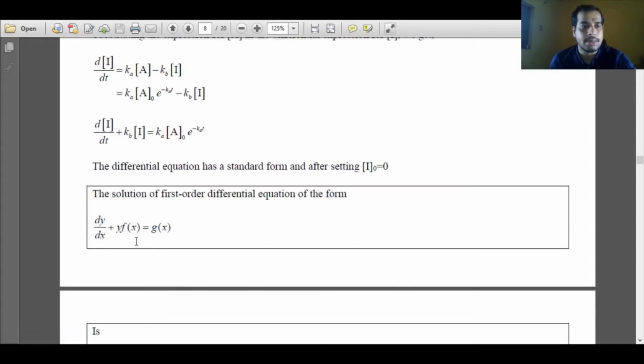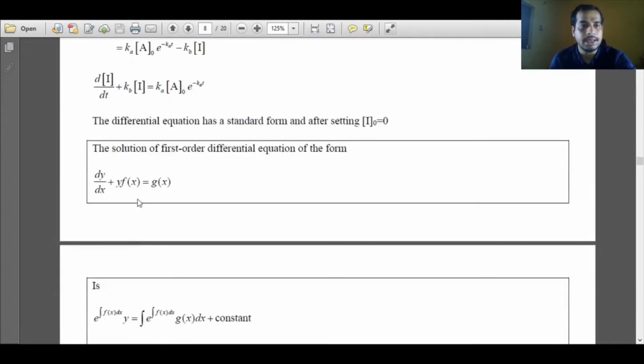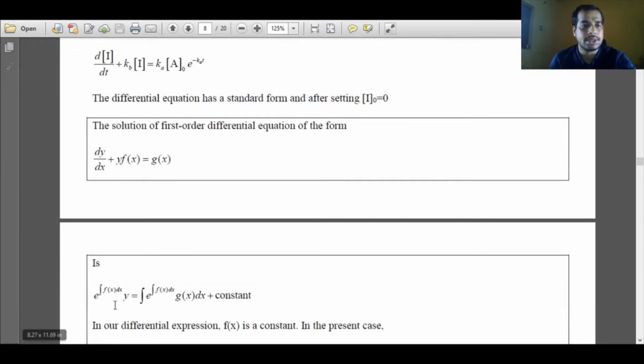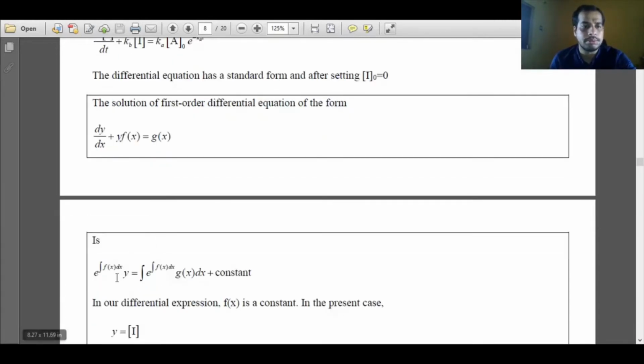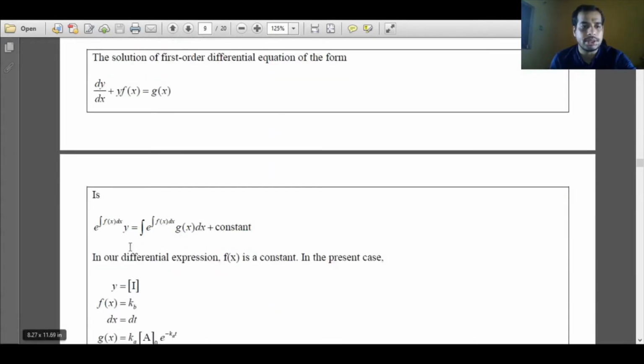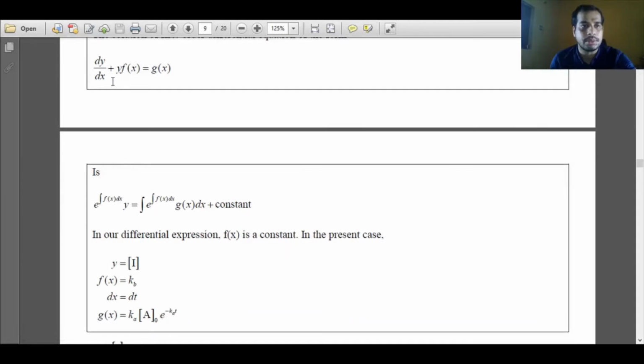If this is the form, then the solution of this differential equation is e to the power integration of f(x) dx times y is equal to the integration of e to the power integration of f(x) dx times g(x) dx plus a constant. So there are many parameters here. To simplify, for our case this is a standard differential expression with a corresponding standard solution.